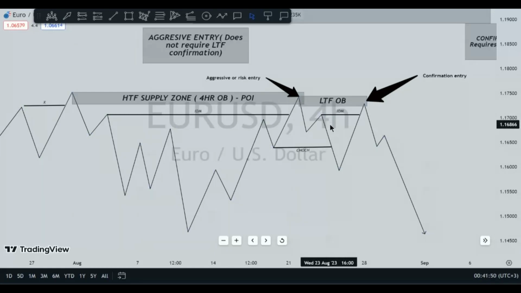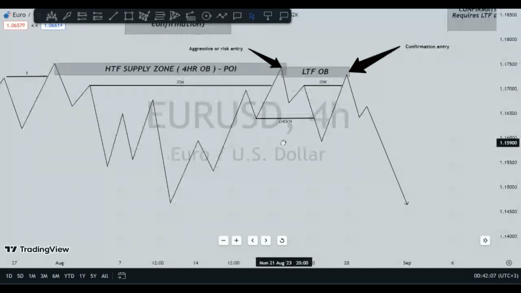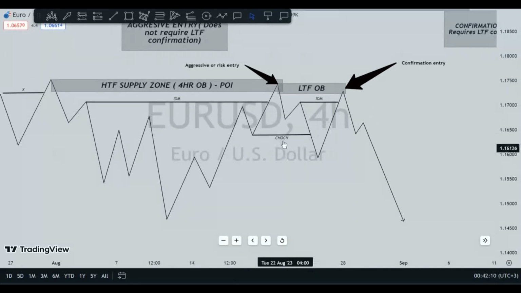So now, after switching to your lower time frame, you wait for a change of character. For you to confirm a change of character, price has to close below this swing low here. This one is not a valid change of character. It's just an internal, a minor change of character, sorry.